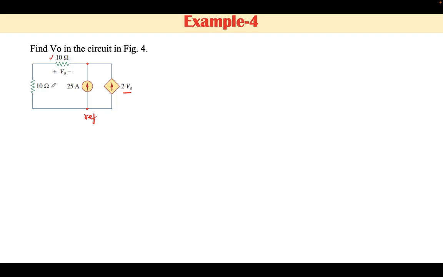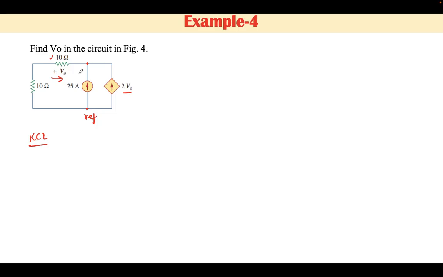Now let's consider the current in this branch, with the direction of current according to the given potential, and hence at this junction we can apply KCL.